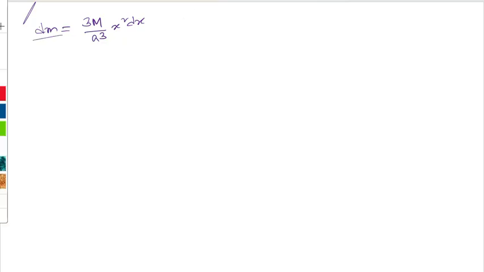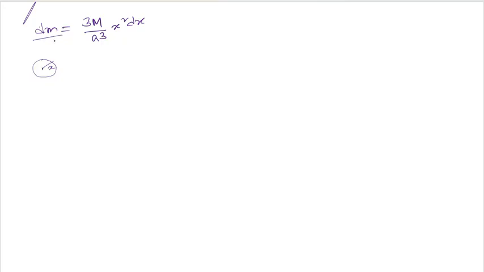What is the dm we got on the last slide? dm equal to 3m by a cubed x square dx. Suppose this is the dm for one small hollow sphere, taken at distance x from the center.